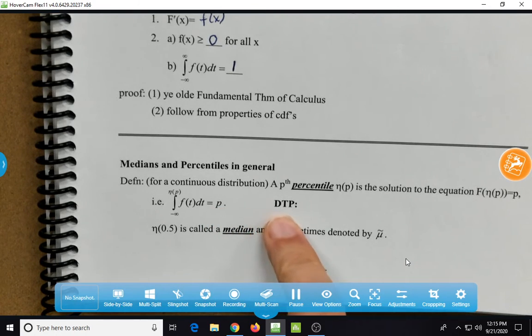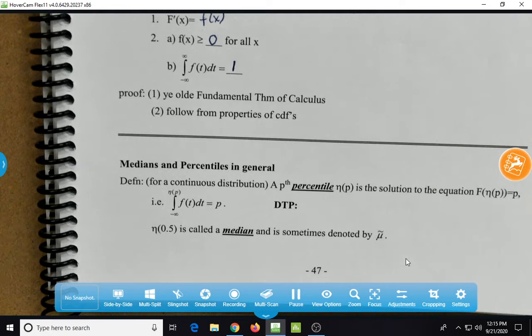The reason is this idea that you have an area, probability, and you have a value on the x-axis. So it's going back and forth between the value on the x-axis, which could be any real number whatsoever, and the probability, which must be between 0 and 1. So there's this kind of symmetry between the value on the x-axis and the probability.